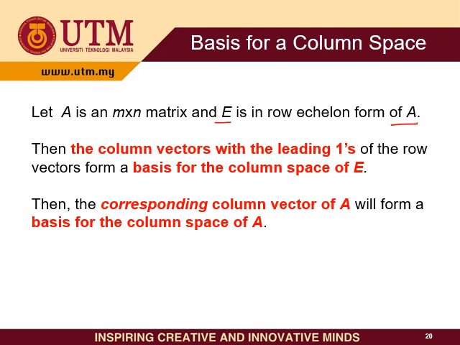Then the column vectors with leading ones, again we must reduce to leading ones in the row vectors, form a basis for the column space of E. Then the corresponding column vectors of A will form a basis for the column space of A. In the next slide we will see what this means.